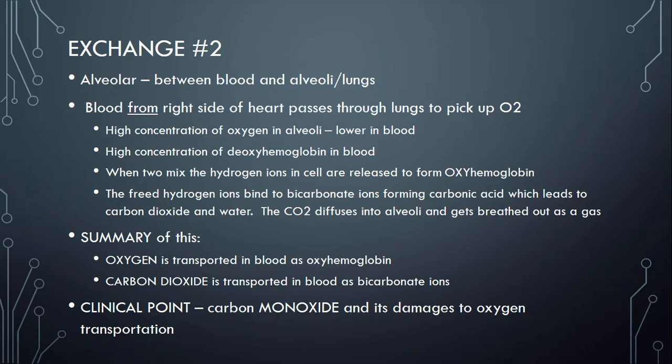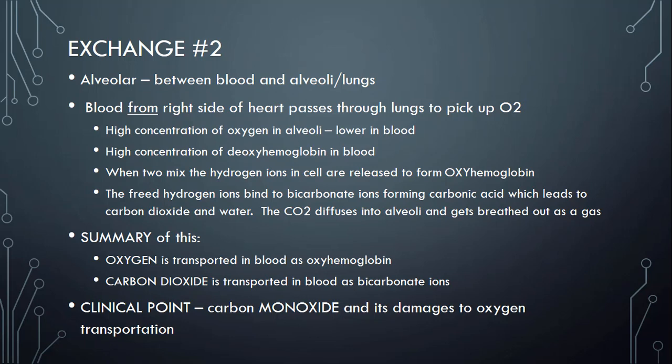There's a high concentration of oxygen in the alveoli, because we've just breathed in, and it's lower in the blood, we don't have any oxygen right now, we need to pick some up. Again, we do that exchange. Here is my carbon dioxide for you to breathe out, and here is the oxygen that I now need to take to the tissues. So high concentrations of deoxyhemoglobin in the blood.